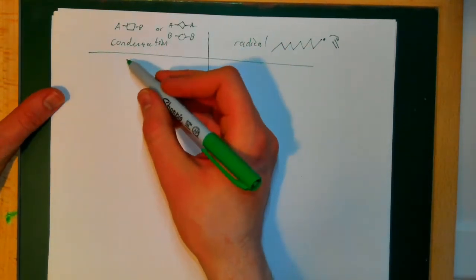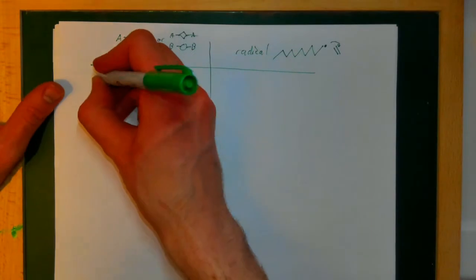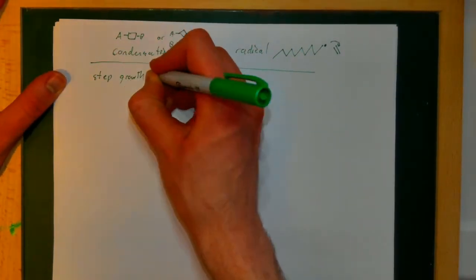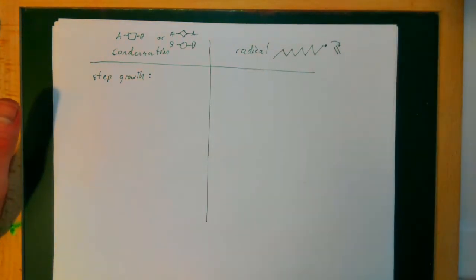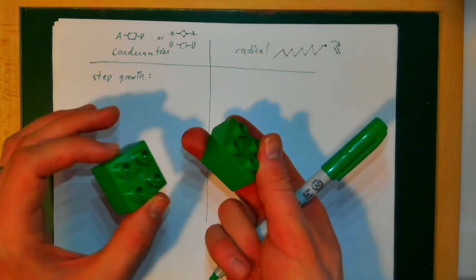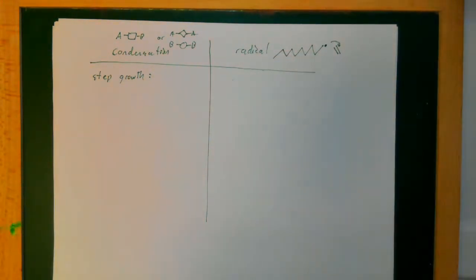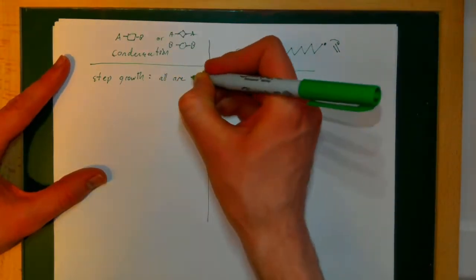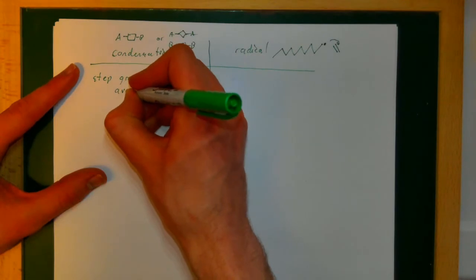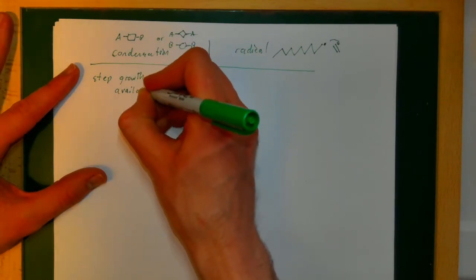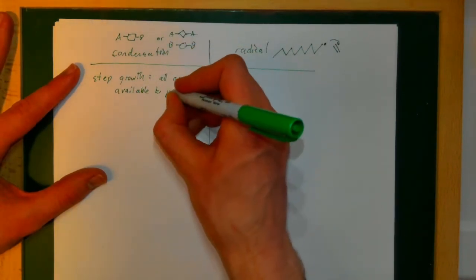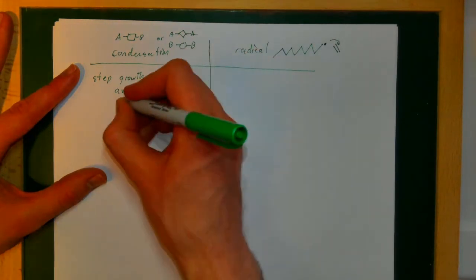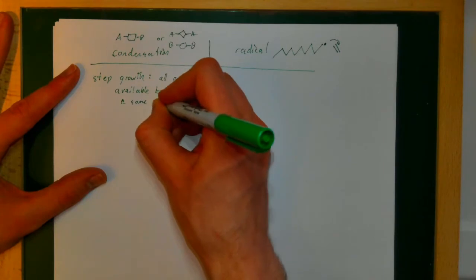The way condensation molecules grow is via step growth. And the key thing with step growth is basically any molecule at any time could join up with any other. So all molecules are available to participate at the same time.